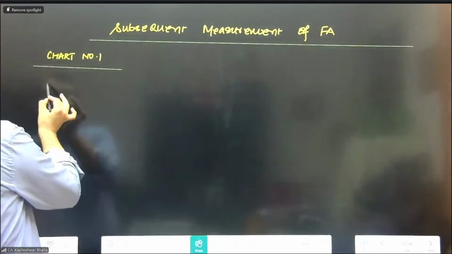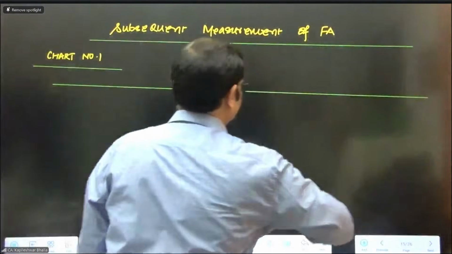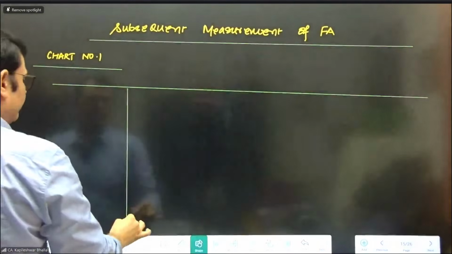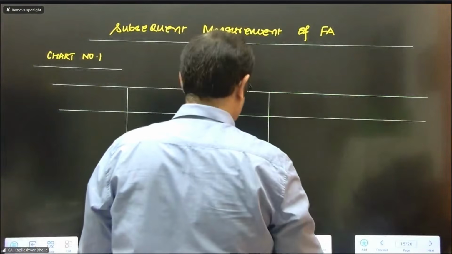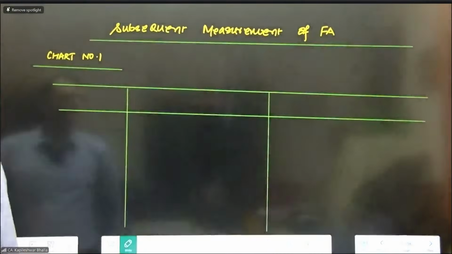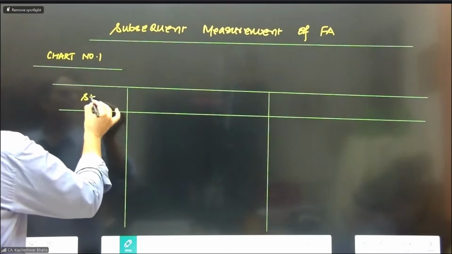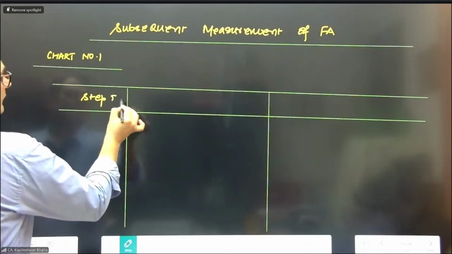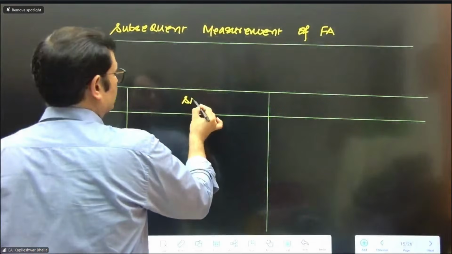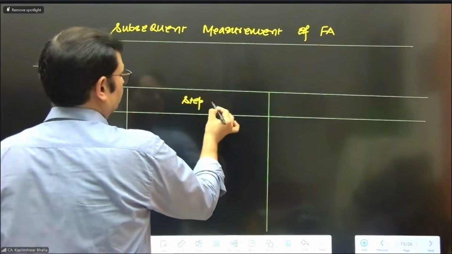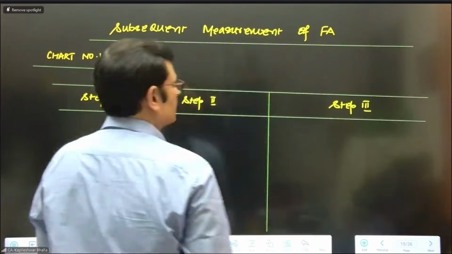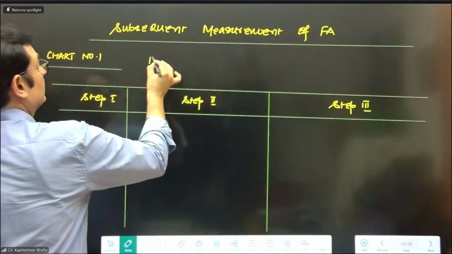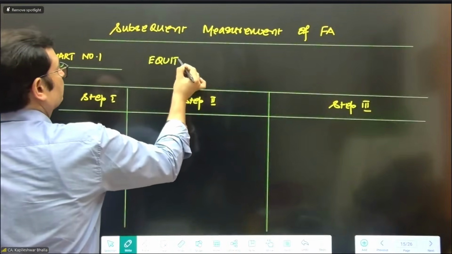So let's make a chart to make it simpler. Step 1, then there is step 2, and then there is step 3. So putting this as step number 1, this as step number 2, and this as step number 3. Here the focus is on the equity investments.